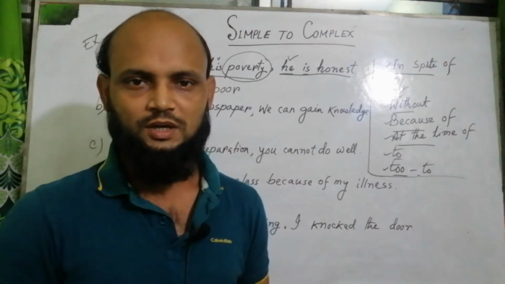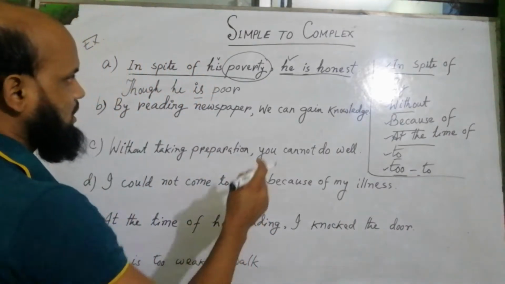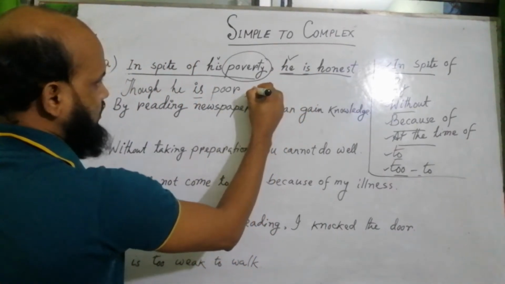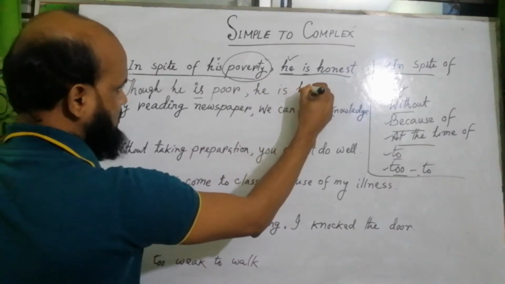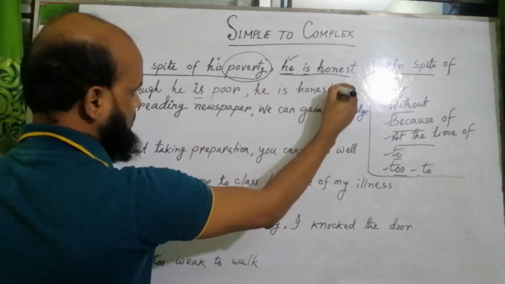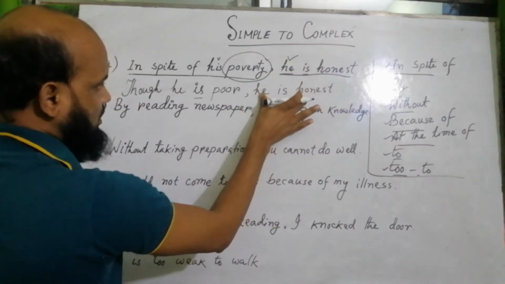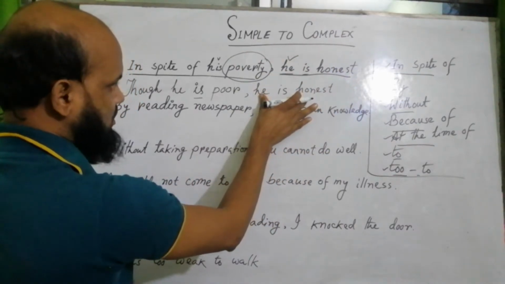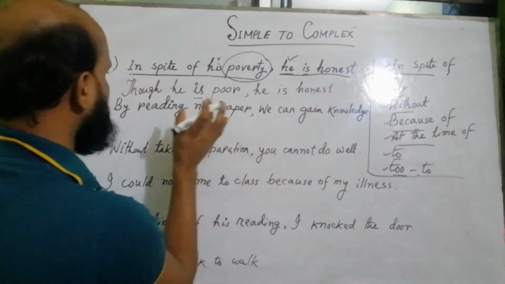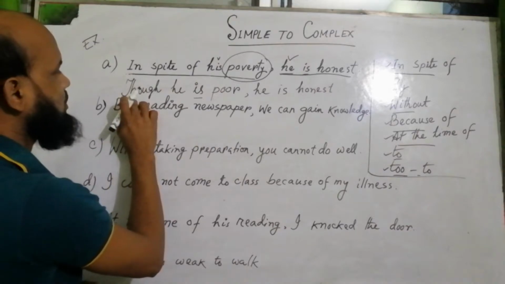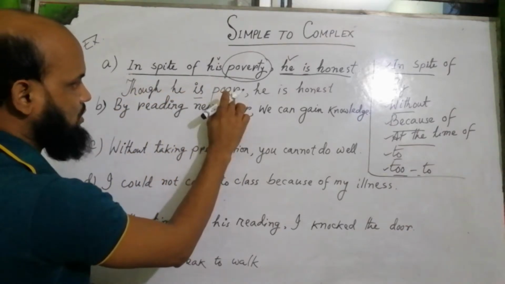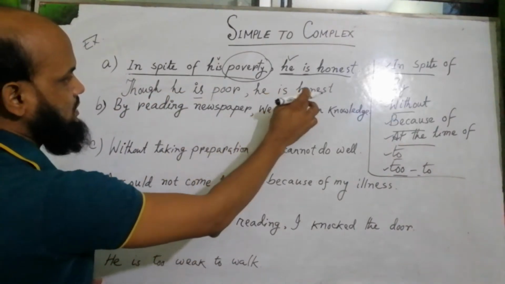This is a subordinate clause. And we need to write the principal clause here. He is honest. So you do not need to change the principal clause. You can write it unchanged. He is honest. Now you see the subordinate clause. Though he is poor, comma, he is honest.